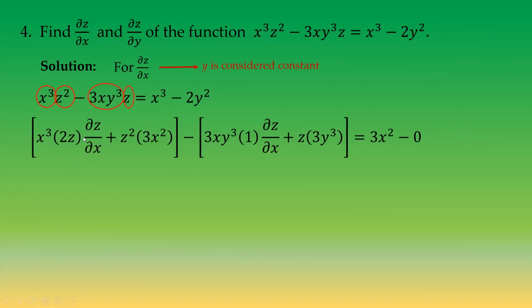Plus z squared, the derivative of x cubed is 3x squared. So this is for the first product, x cubed and z squared.